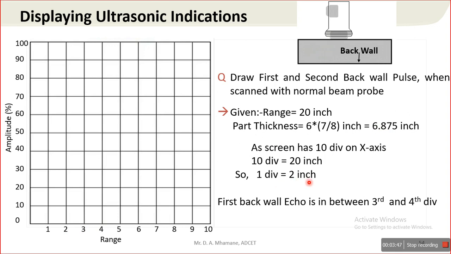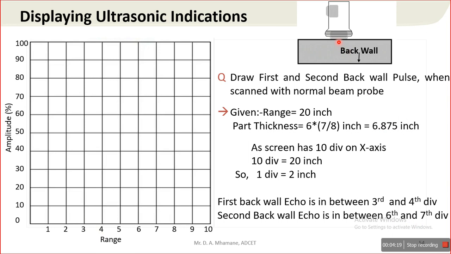Value of a single division is 2 inch. So 2, 4, 6, 8. Part thickness is 6.875. So first back wall comes in between third and fourth division, and second back wall echo comes in between 6th and 7th, because ultrasound needs exactly double time to travel through the two thicknesses of this plate.